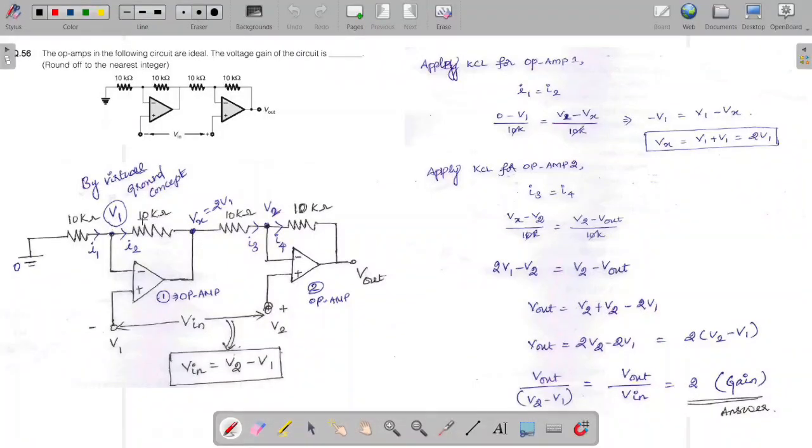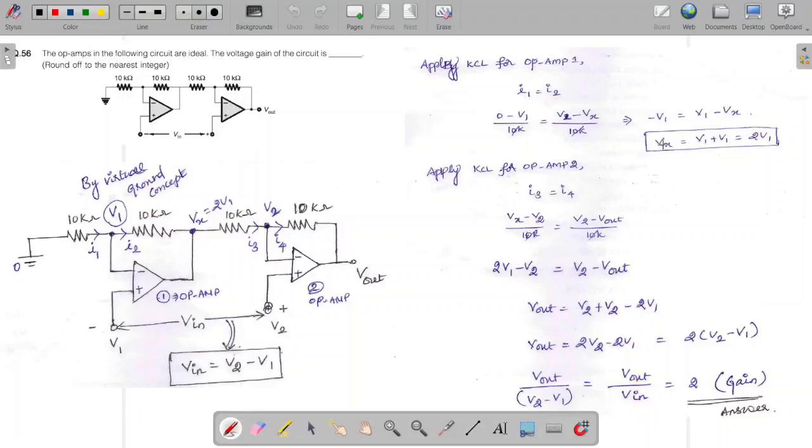We have written the KCL equation for node V1, and now we simplify. The 10K and 10K cancel each other, so we get minus V1 is equal to V1 minus Vx. Next, Vx is equal to V1 plus V2.